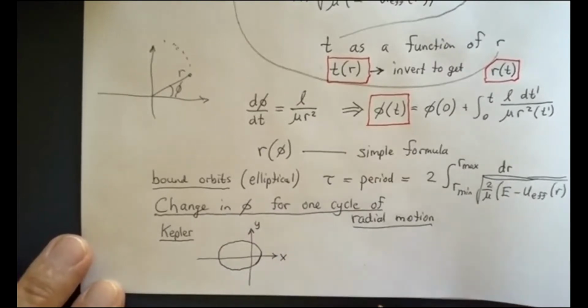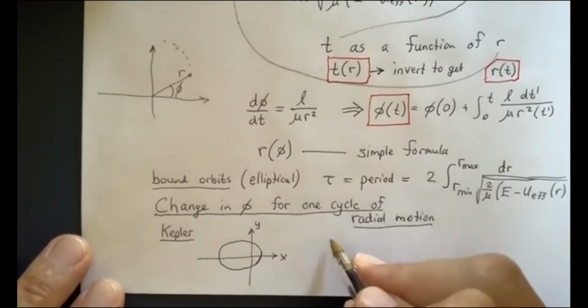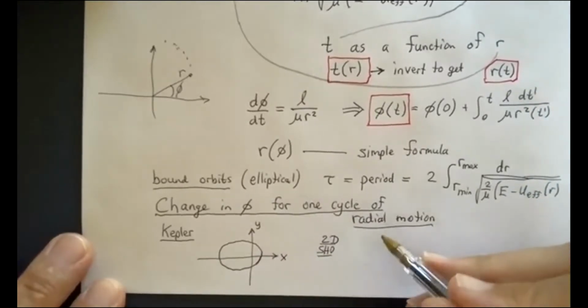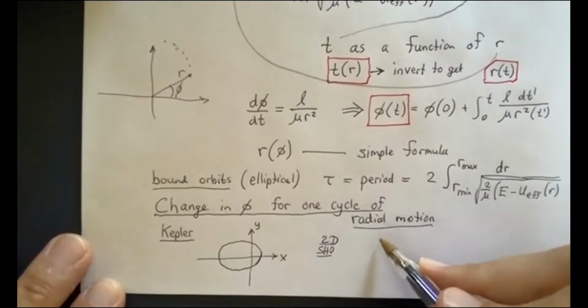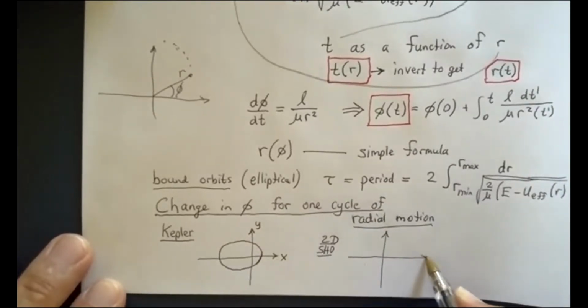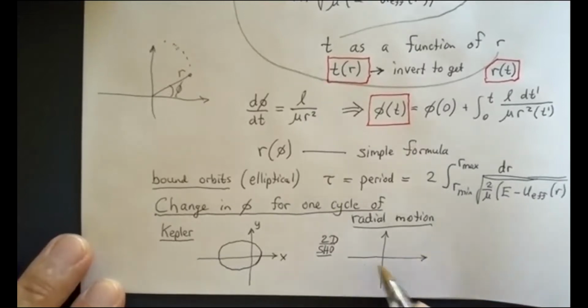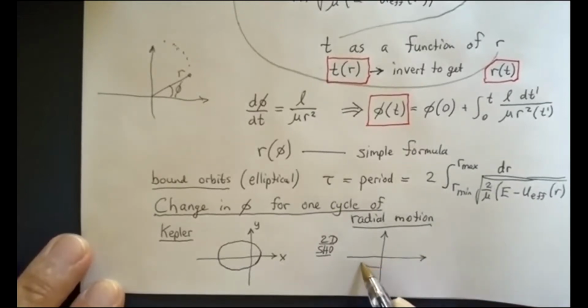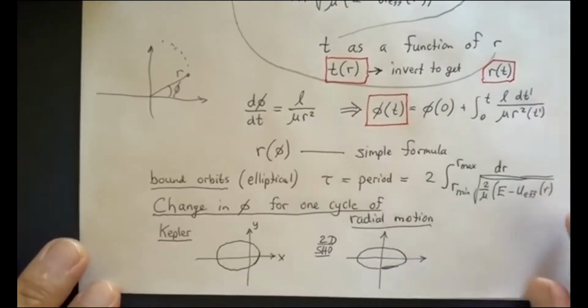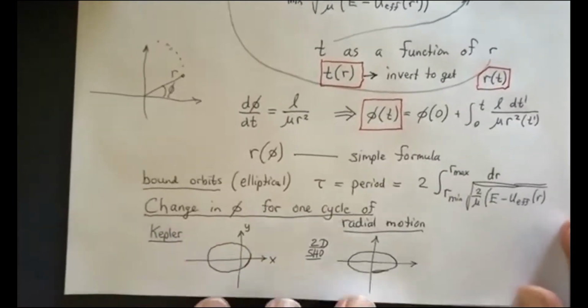For the 2D simple harmonic oscillator, the ellipse is centered at the origin. Isn't that funny? They're both elliptical, but for the two-dimensional harmonic oscillator, the ellipse is centered at the origin, like so.